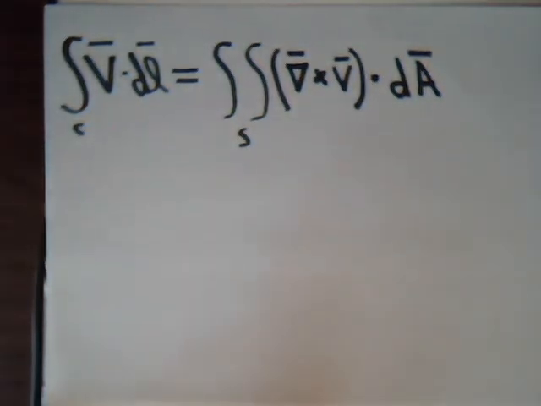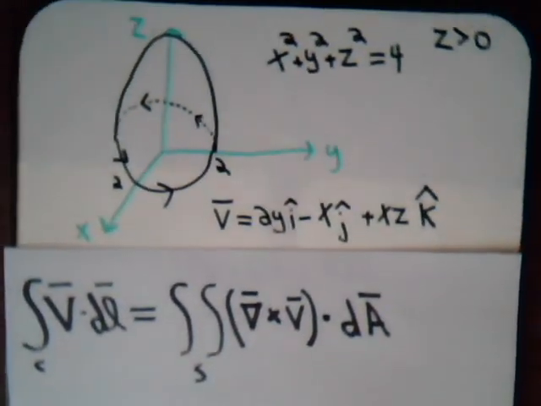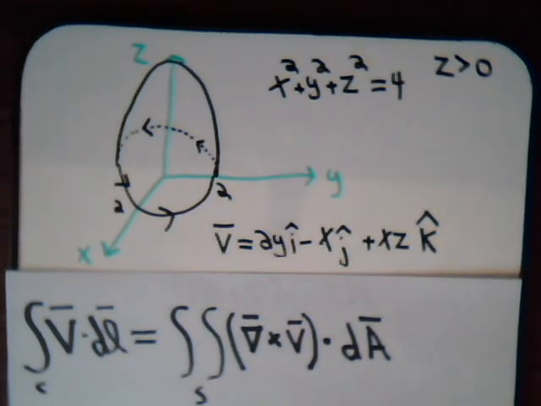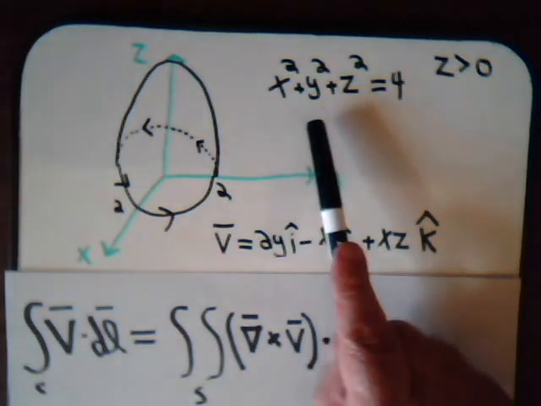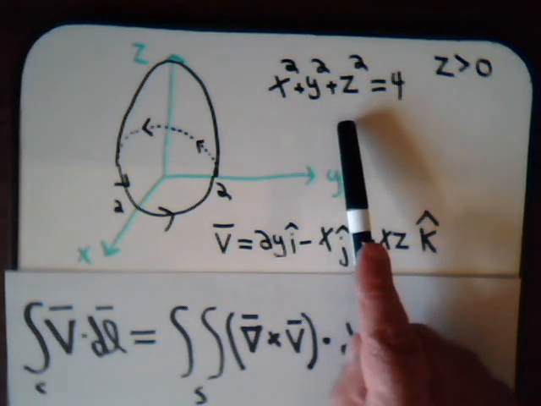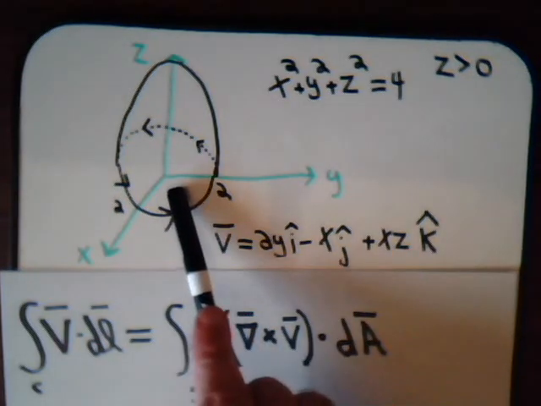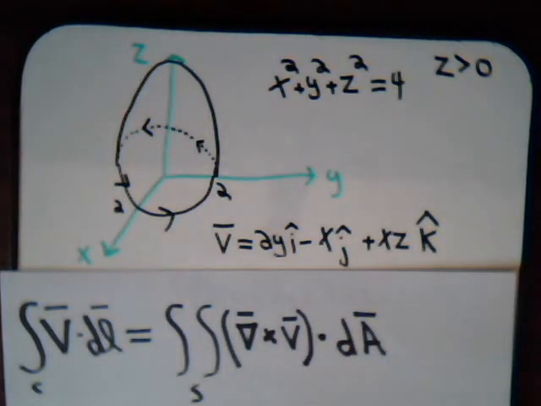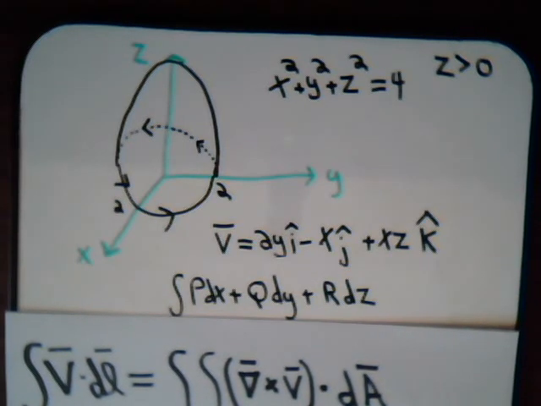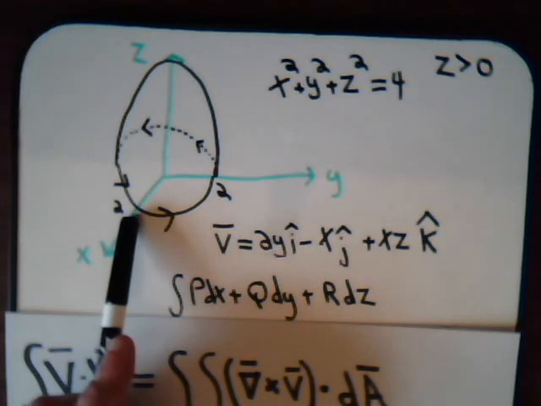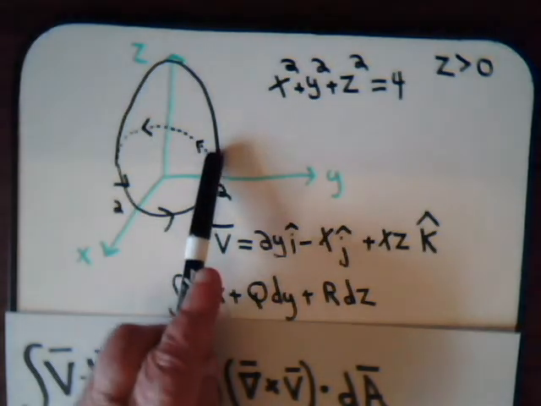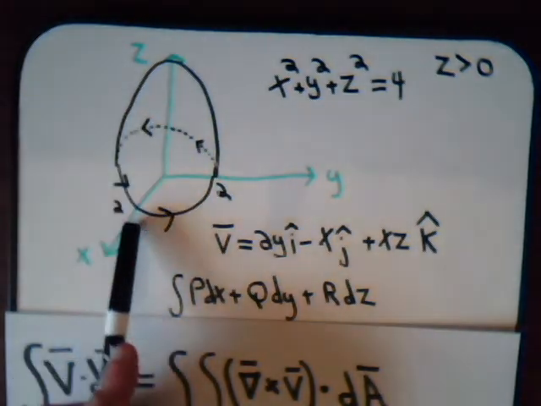And here's what we have. We have the equation x squared plus y squared plus z squared equals 4, but we're considering only the positive part of z. So this will be for a hemisphere. So in the xy plane, there will be a circle of radius 4. The circle would look like this.